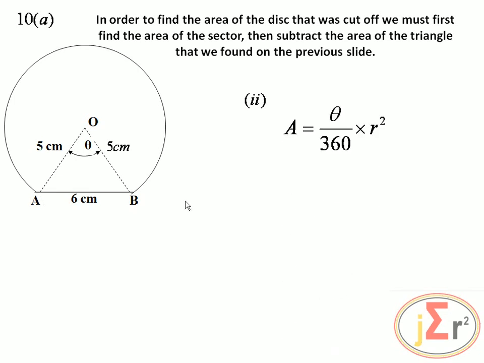It is a fraction of the area of the circle, and the fraction is given by the associated angle divided by 360 degrees. So the angle associated with the sector over the angle of an entire revolution, 360 degrees, and that we will multiply by pi r squared.